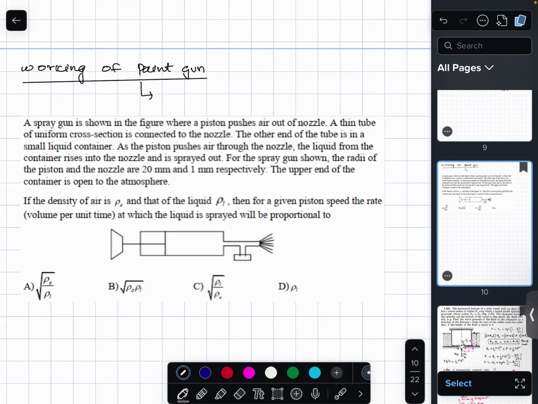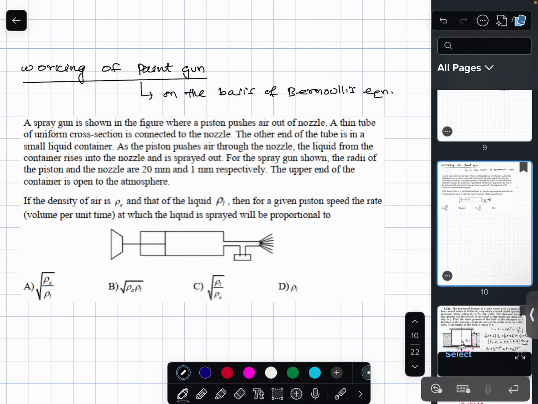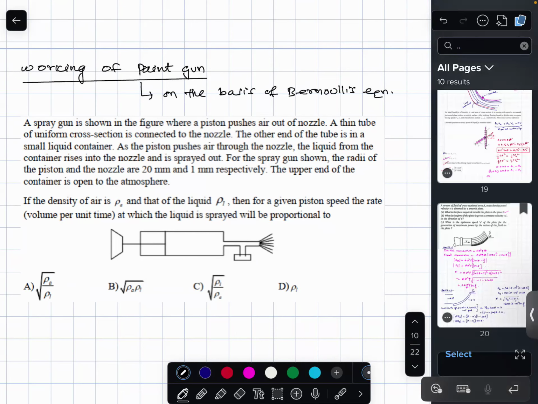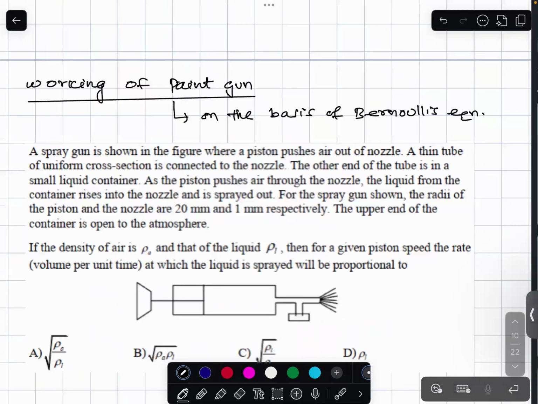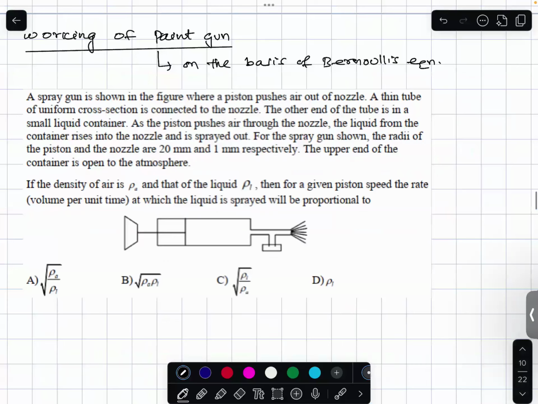It is on the basis of Bernoulli's equation. Now let us see how this works.